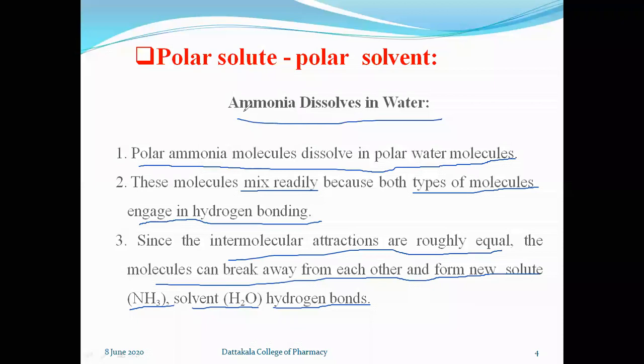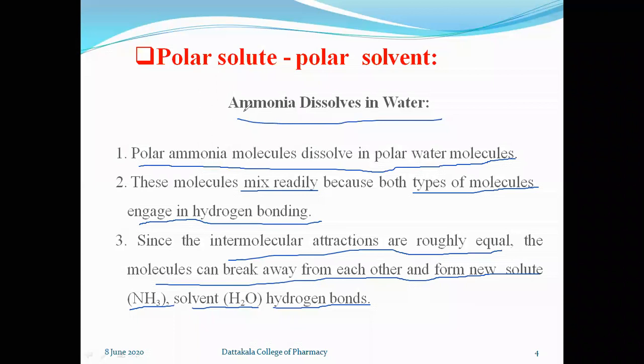The next step is the formation of bonds between solute molecules and solvent molecules. Here, the hydrogen bond formation process will start between the ammonia molecule and the water molecule.